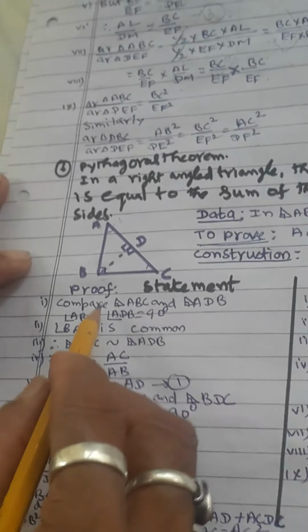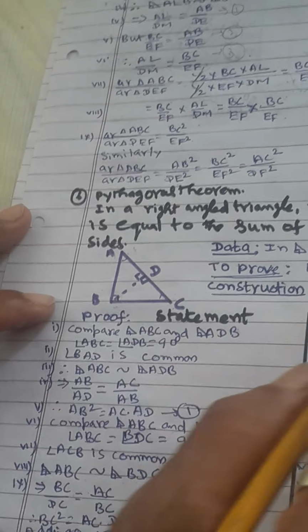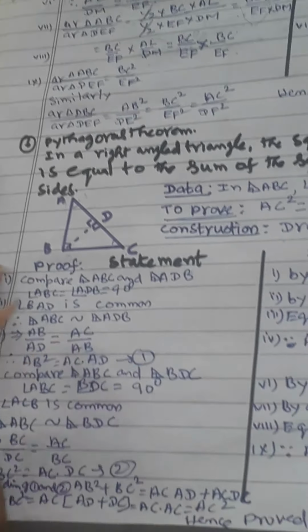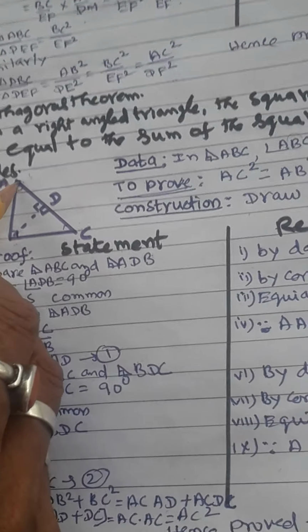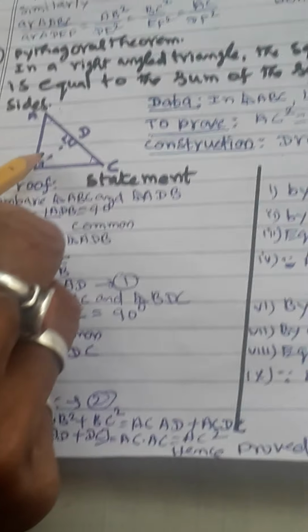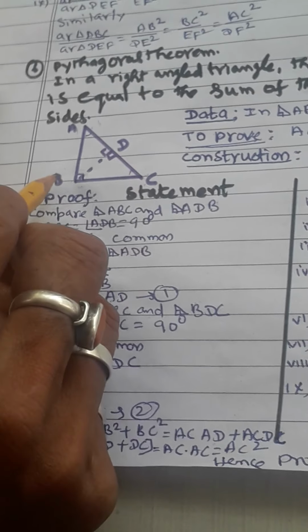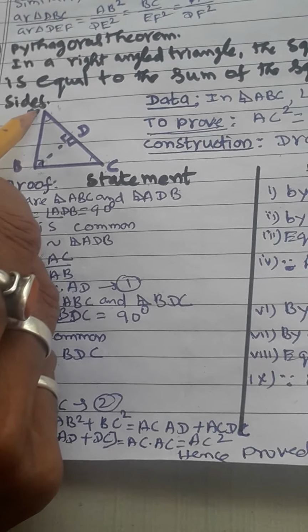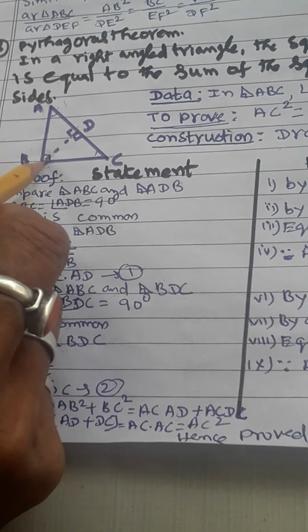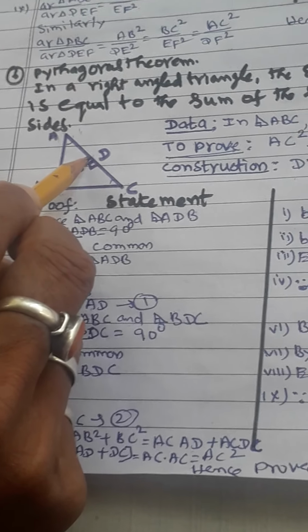Okay, now let us see the proof, with statement and reason. You consider triangle ABC, then you consider triangle ADB. In these, angle ADB is 90 degrees and in ABC, angle B is 90 degrees, so this 90 equals this 90.